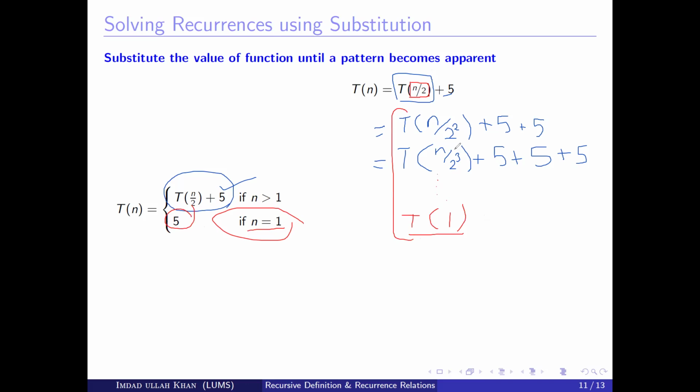Another important thing is that the power of 2 in the denominator also represents the number of 5s getting appended. So if we compute the number of steps required to land down to 1, that will give us that many 5s getting added up over here.